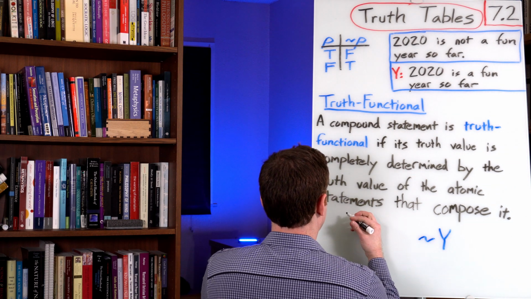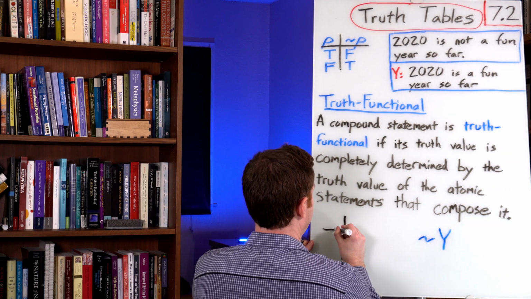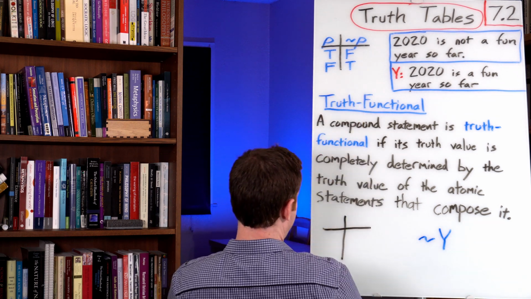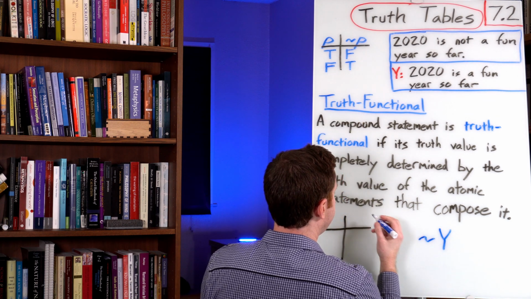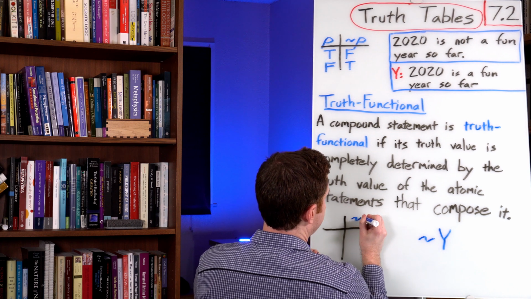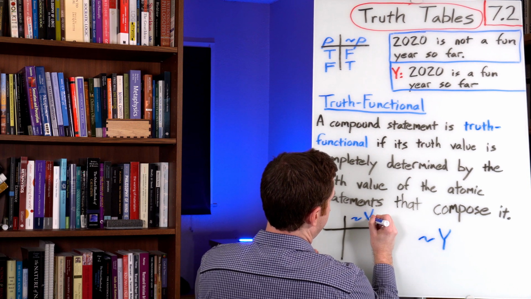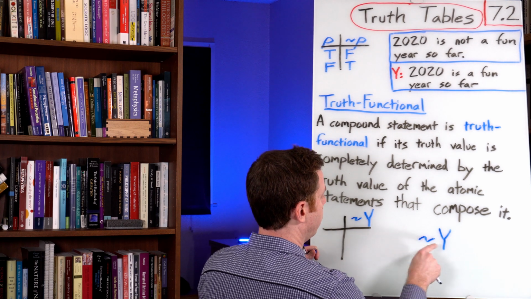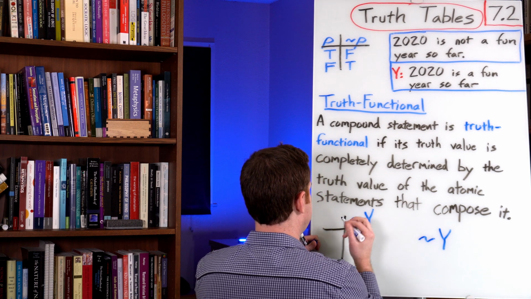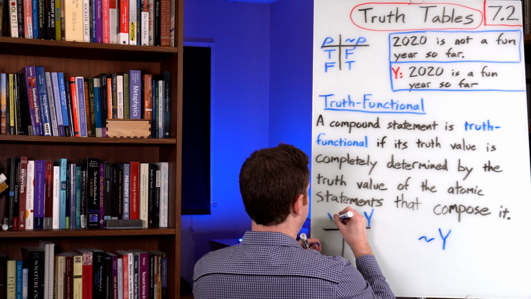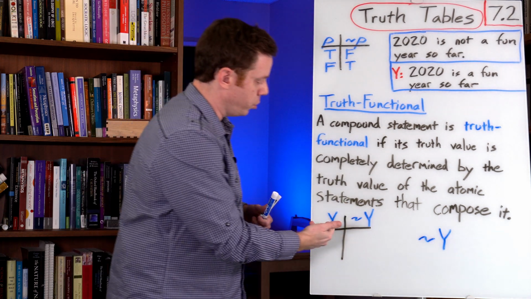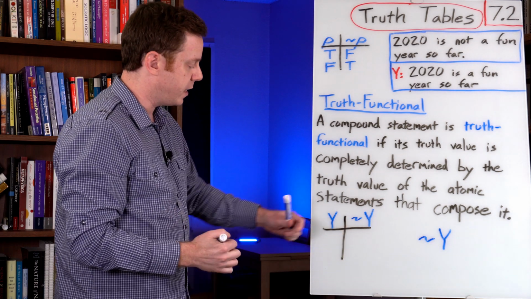We're going to draw our little graph like we did up here, and over on this side we'll put the compound statement under consideration, and over here we're going to put all the atomic statements. So there's only one, so we'll put Y. Now there are of course two possible truth values that Y could have.